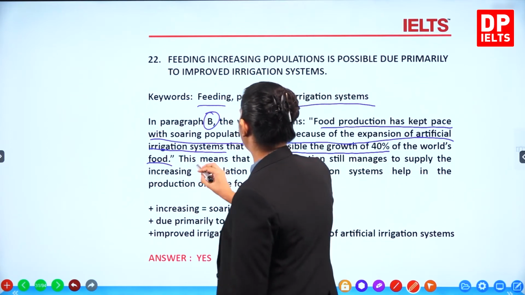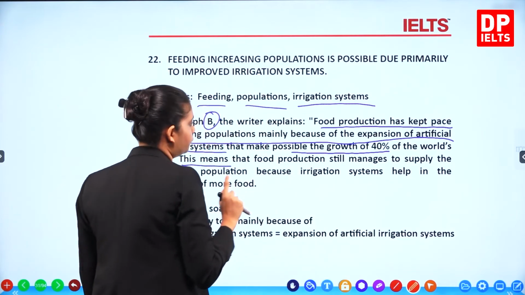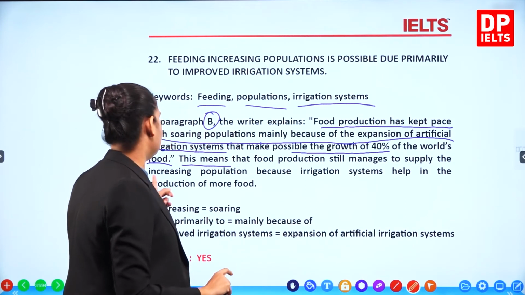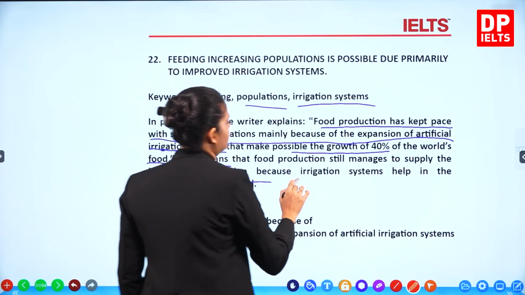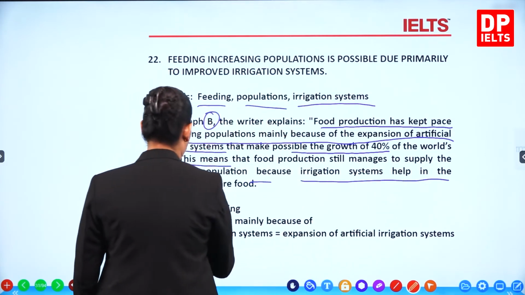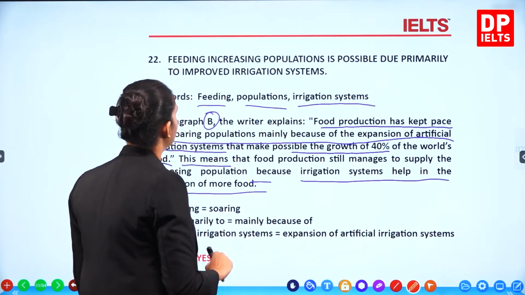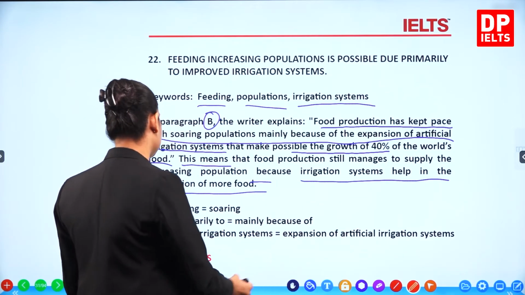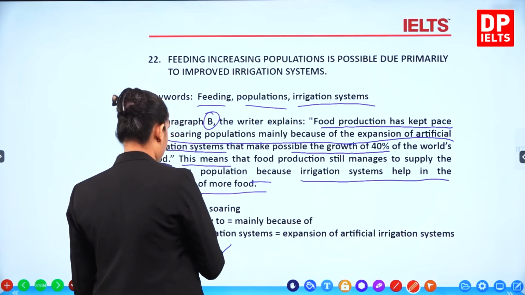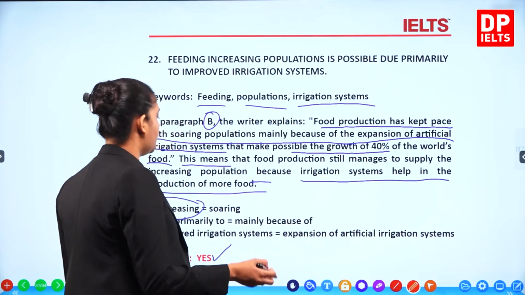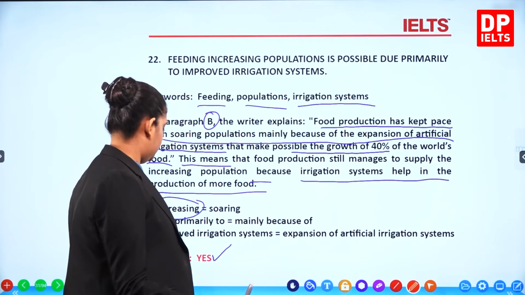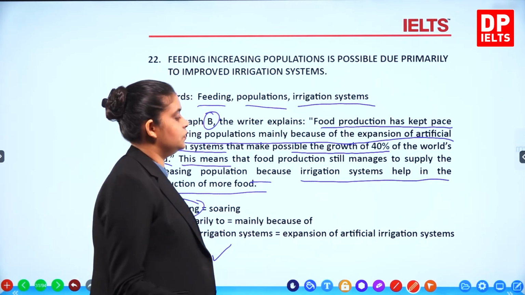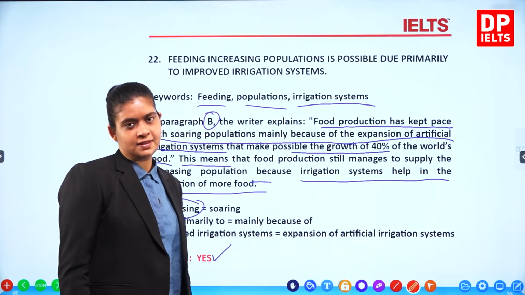In other words, food production still manages to supply the increasing population because irrigation systems help produce more food. So, feeding increasing population is possible because of improved irrigation systems? Yes. Soaring means increasing. Due to primarily means mainly because of. Improved irrigation systems means expansion of artificial irrigation systems.